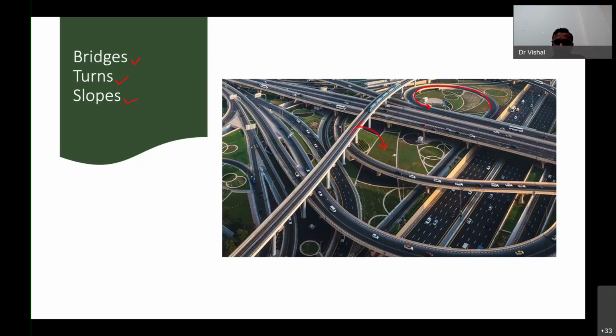Some patients had issues on a downward slope, some on an upward slope, and some in multi-lane highways. Multi-lane patients feel a lot of problems in multi-lane highways. If their lanes are more, then the patients can experience disorientation.